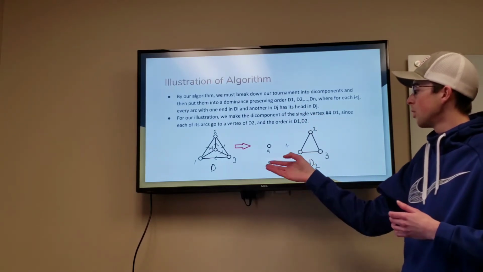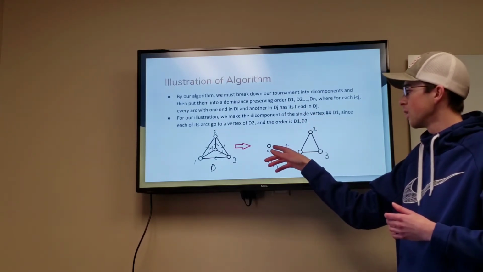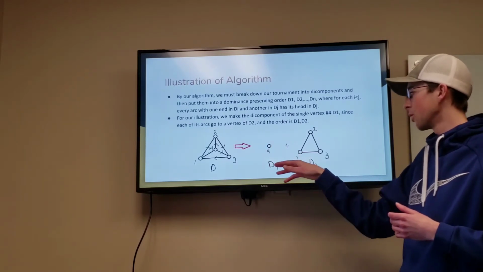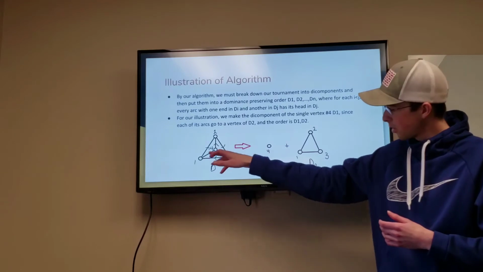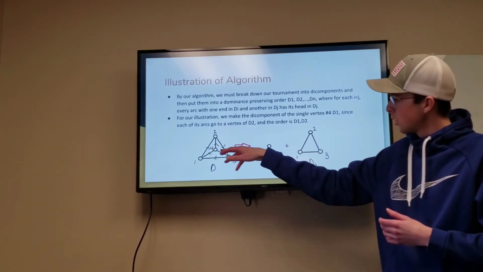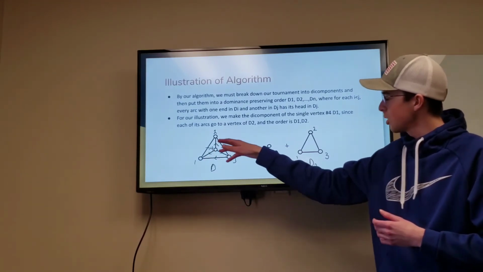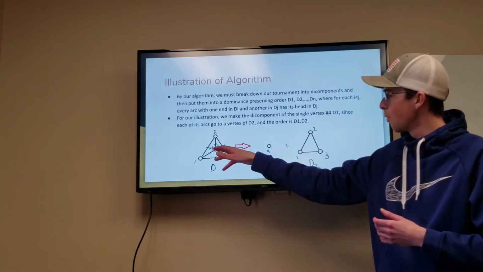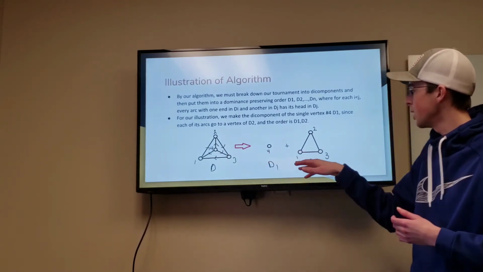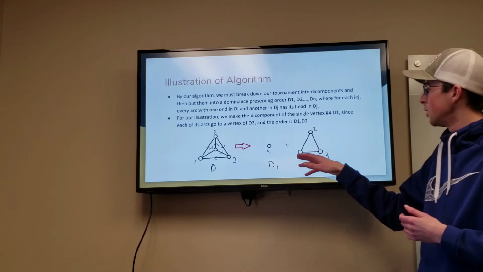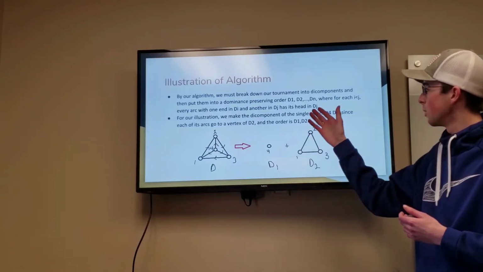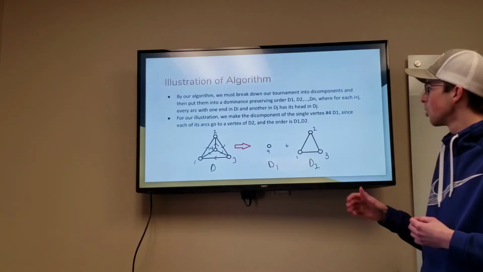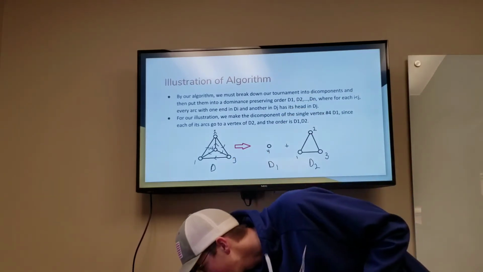If we label our dicomponent with a single vertex D1, we can notice that these arcs are all going in this direction. The head of each arc from 4 goes to 1, to 2, to 3. Hence D1 and D2 is the order, because of what we've described before. So this is our order.